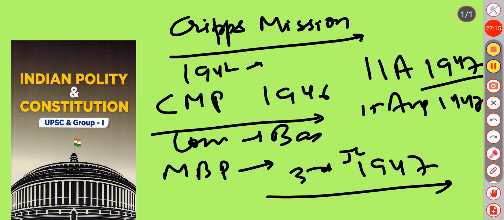The interim government of India formed on September 2, 1946 from the newly elected Constituent Assembly of India had the task of assisting the transfer of power from British rule to independent India. Right. So this is important.